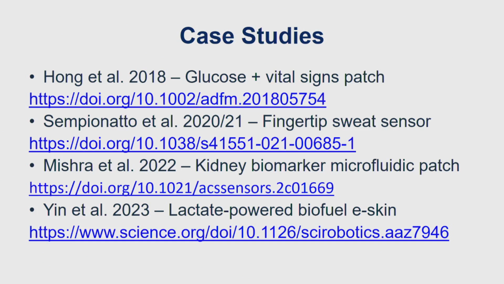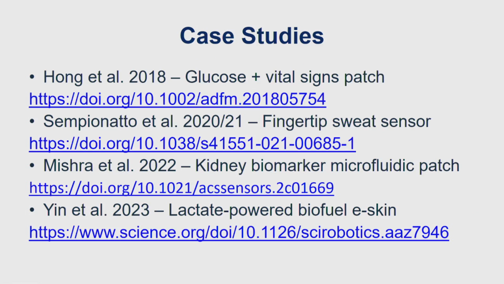What I'm going to do in the next part is run you past 4 different papers that have been published. One was published in 2018 by Hong et al., which is on using epidermal devices for looking at glucose and vital signs patches. Then Sempionato, I think this is Joseph Wang's group, published in 2021 a fingertip sweat sensor.